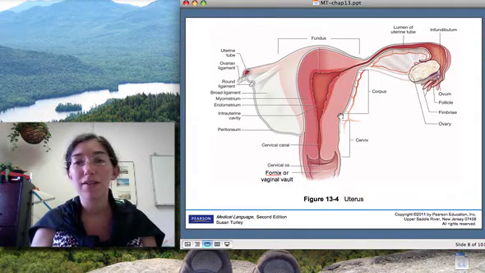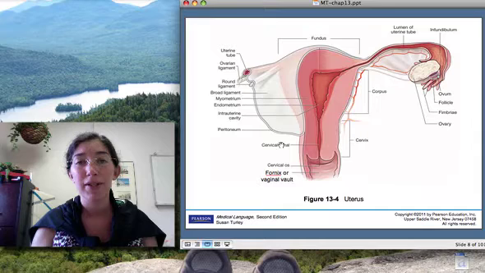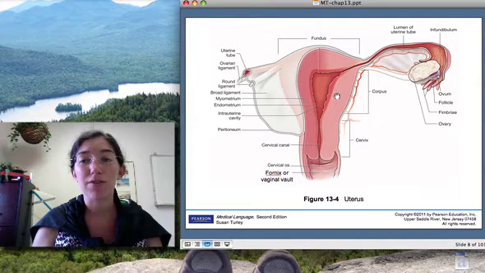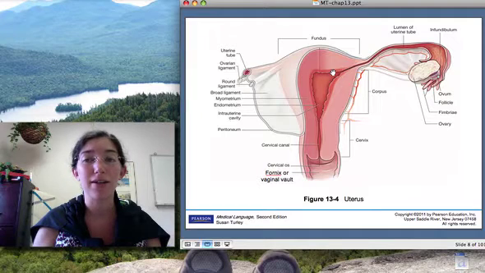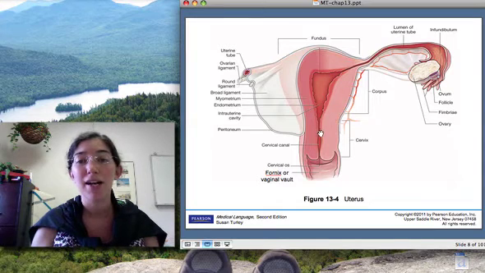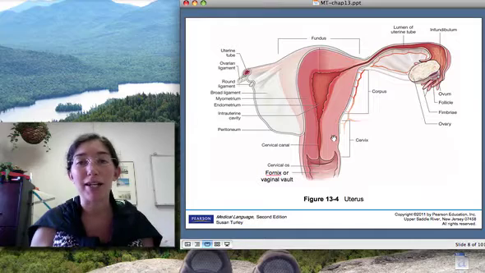So the uterine tissue, as you can see here, has different layers. The walls of the uterus are very thick, and there are 3 layers. There's the endometrium, which is this darker pink layer, the myometrium, which is the muscular striated part here, and then finally the perimetrium, which is the outer lining.